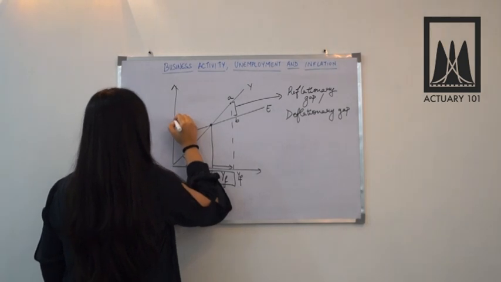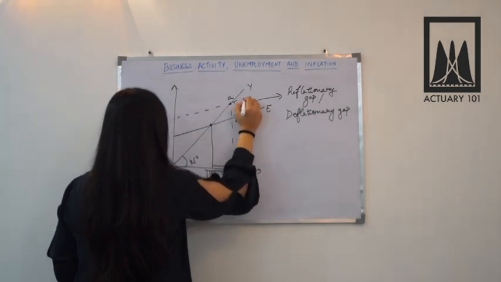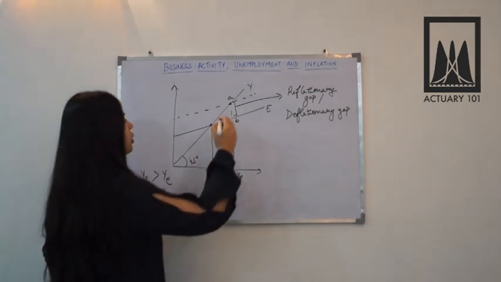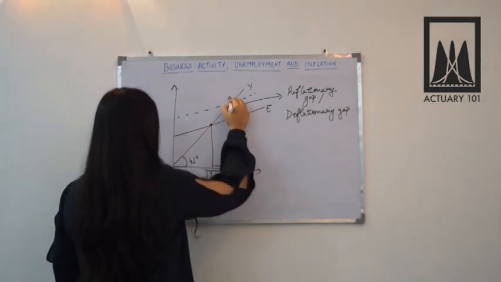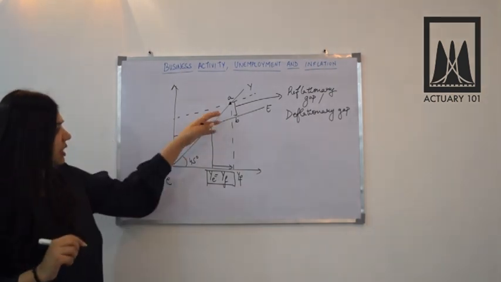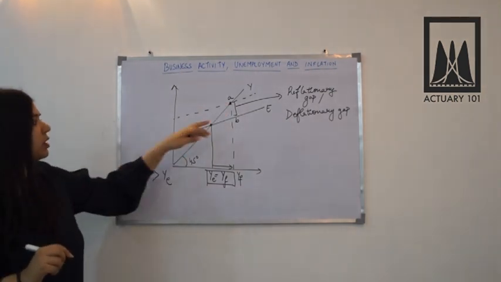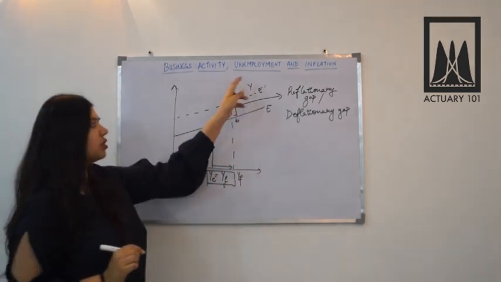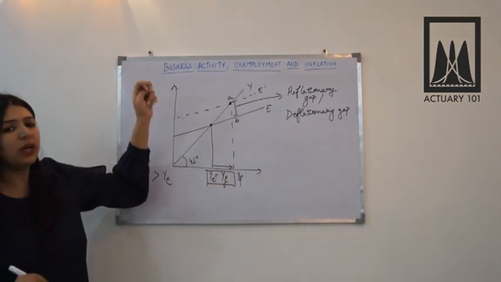So if E were to increase, say, by this much, by the deflationary gap, then we would say that the new equilibrium level of national income would reach here, because this is the new intersection. So if this is E dash and this is the original Y, then this is the new intersection point.